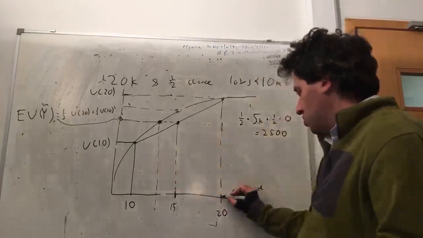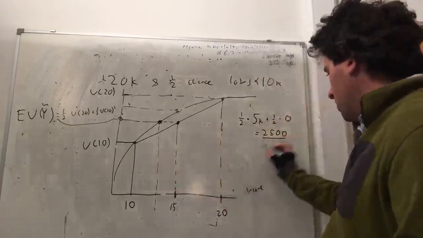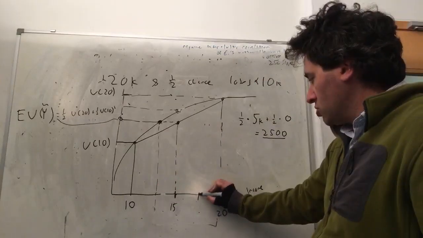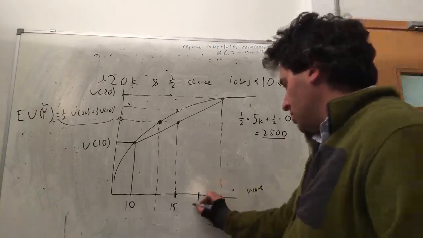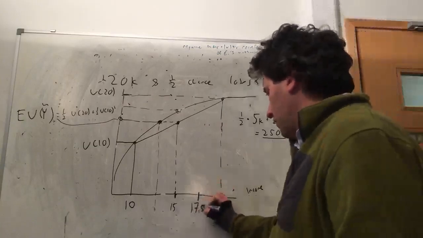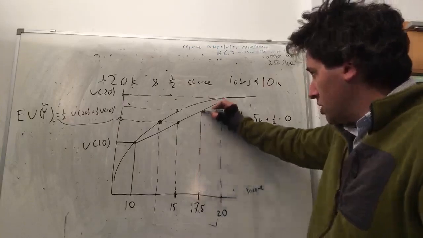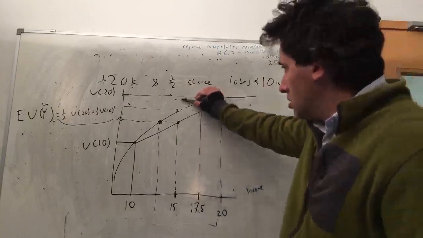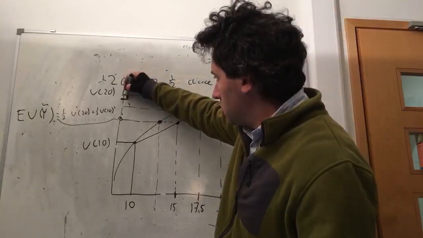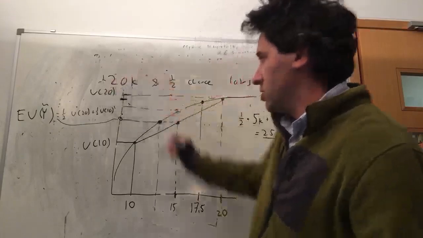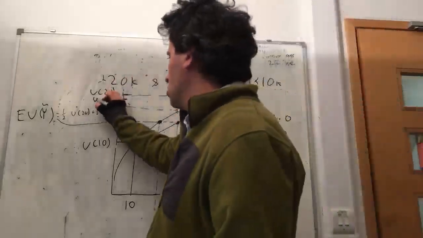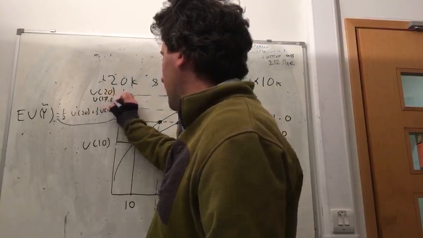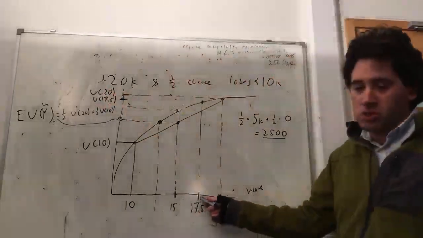So they buy such insurance, it costs them $2,500, and then if they don't suffer a loss, they end up at this point, 17.5, which yields them a utility up here, the utility of 17.5, whatever that is. Okay, U of 17.5, because you paid $2,500 for the insurance, and that's it.